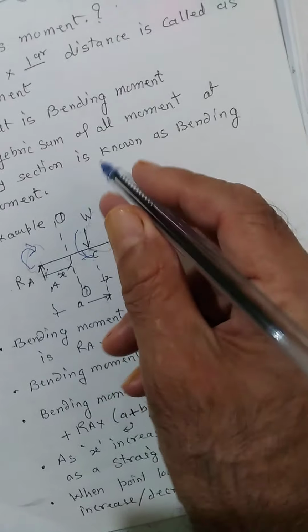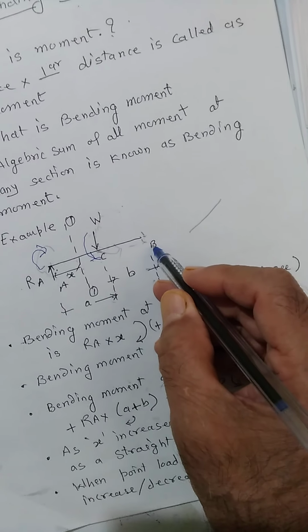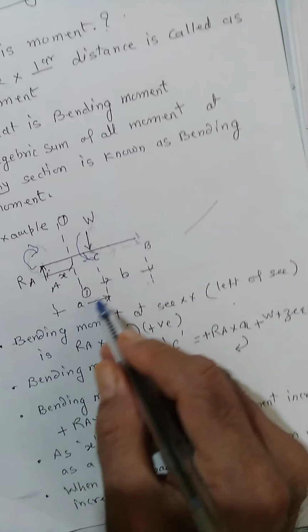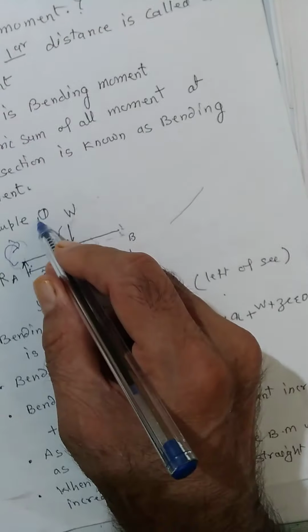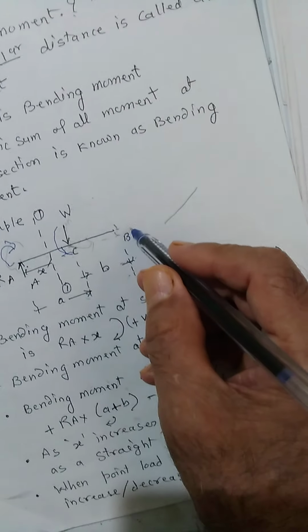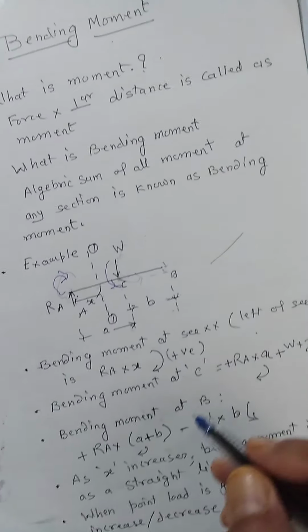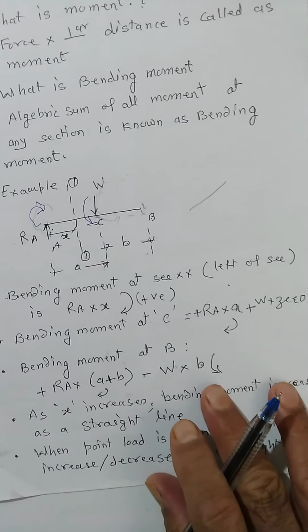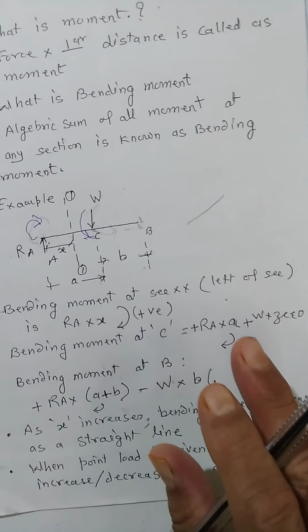So the net moment at B will be Ra into a plus b clockwise minus w into b anti-clockwise. This is called the bending moment.